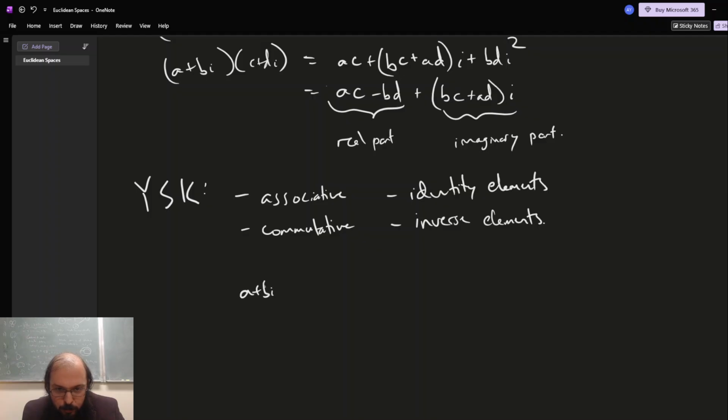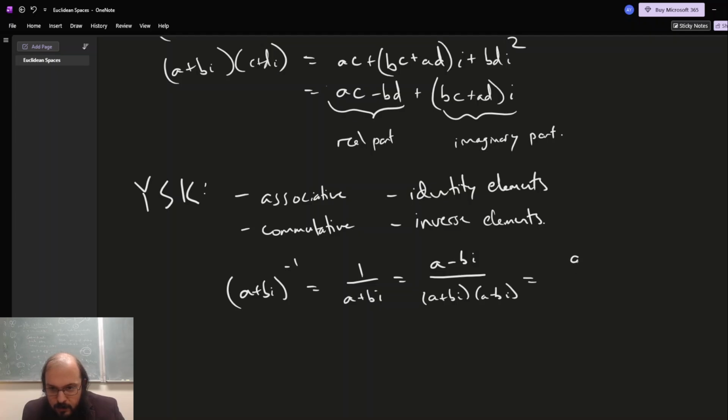But for a multiplicative inverse, what we do is we want to write this as 1 over a plus bi. In fact, that's completely reasonable. Then we multiply top and bottom by a minus bi and simplify the resulting thing.